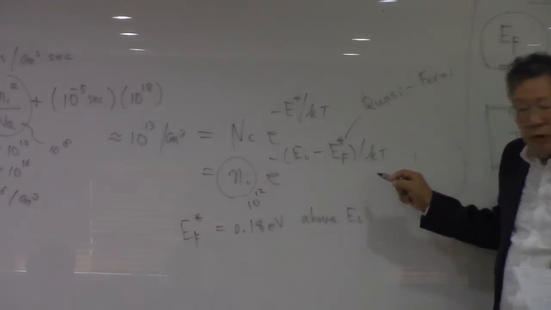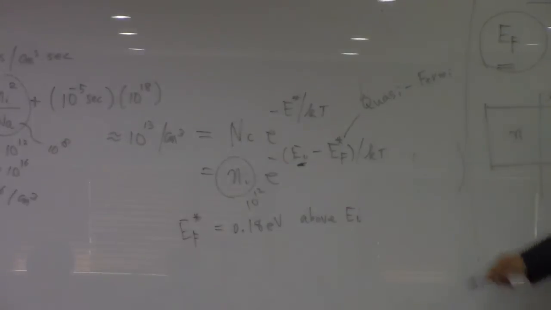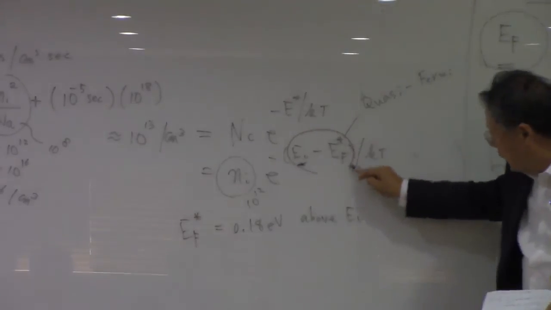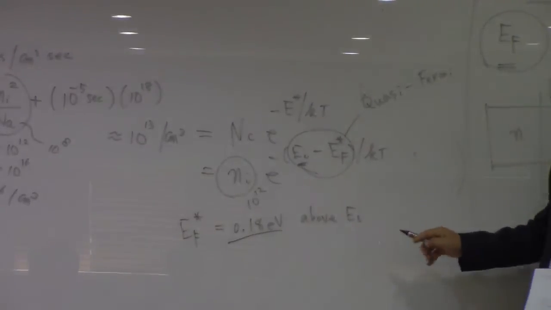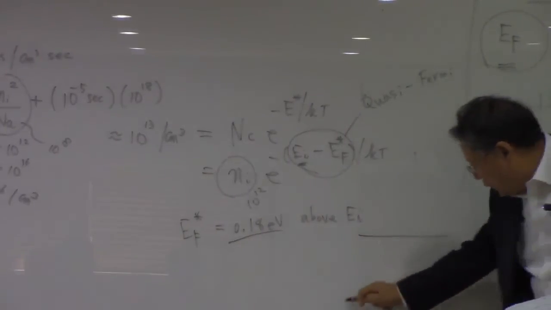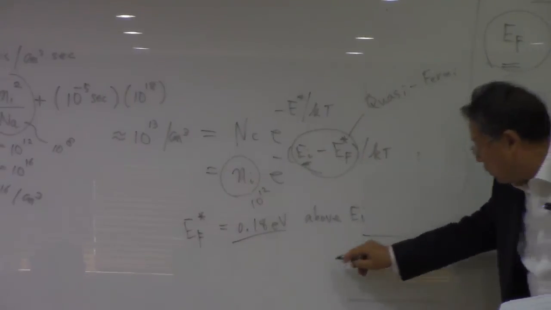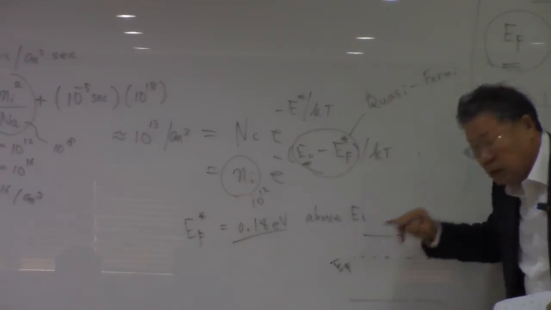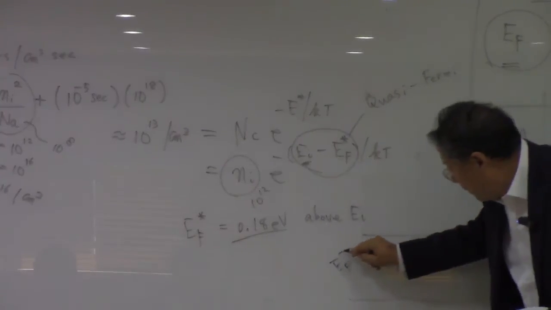And everything is known. We know Ei, okay? So we just simply get this number, 0.18, and then we can set some, not Fermi energy, but something corresponding to the Fermi energy with respect to the Boltzmann statistics, okay?